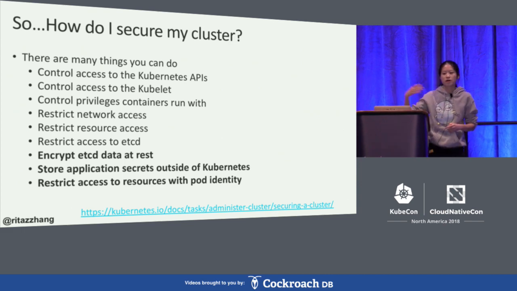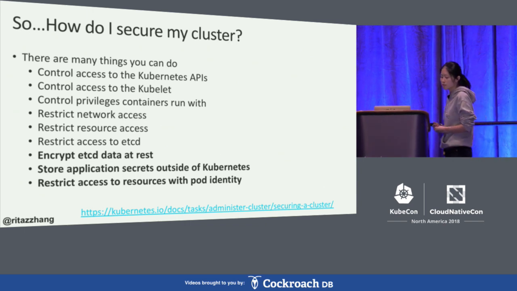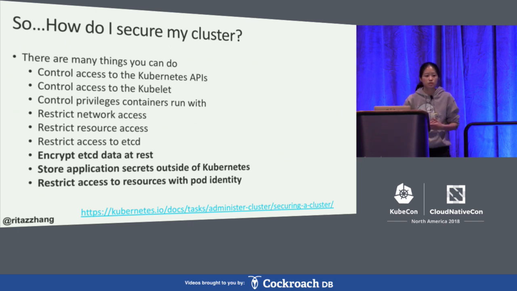And then I'm going to move on and talk about, well, what if, especially for a lot of enterprises, you didn't want to put all the secrets of your applications, your certs, as Kubernetes secrets. And that was quite often the case. And so we're going to talk about how you can actually get access to that content if you store it outside of Kubernetes, and how you can restrict access to that data if you store it outside of Kubernetes, and how you can do that with pod identity.